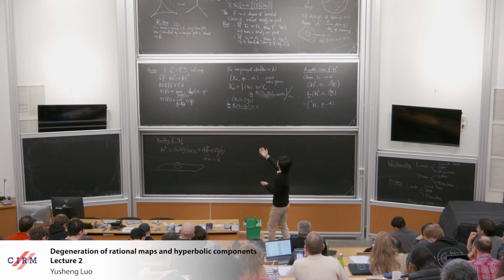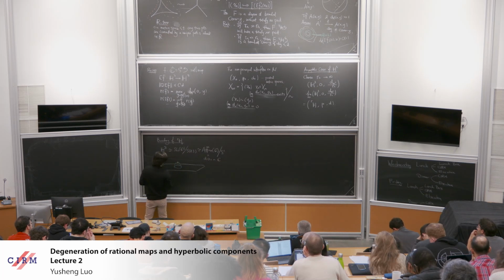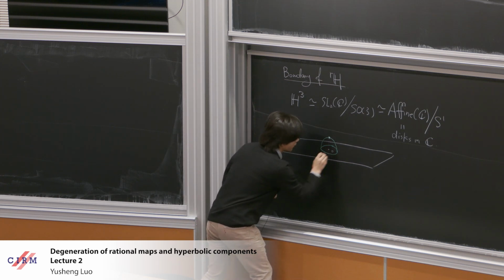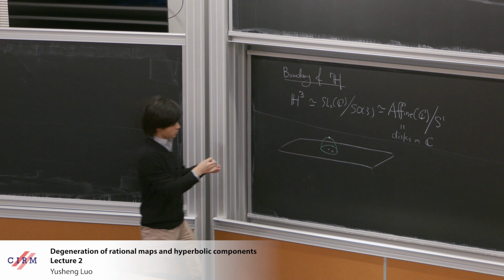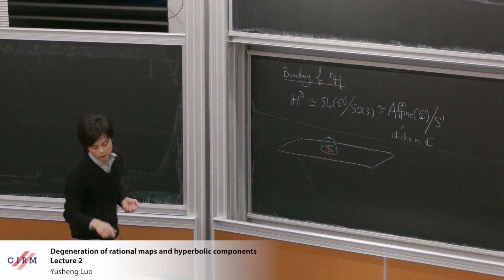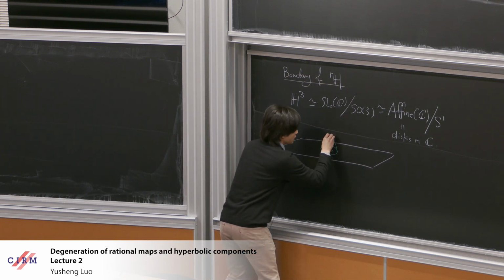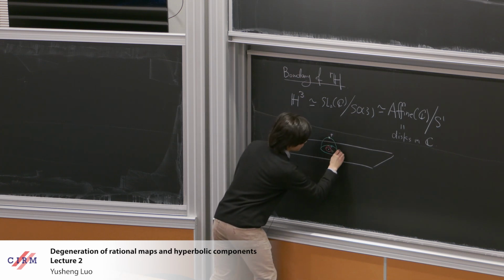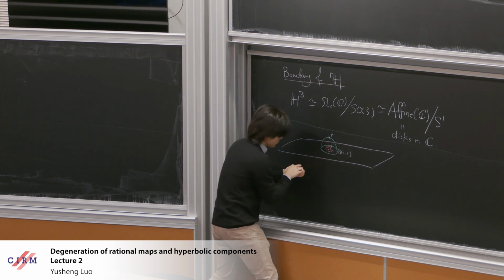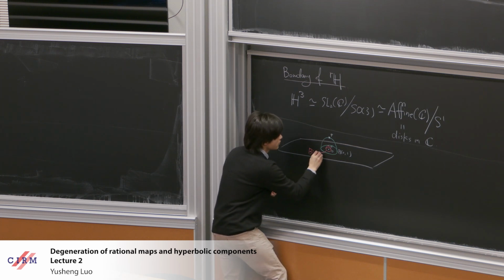Right, so now we are working in the definition of the asymptotic cone, we are working with a sequence of points in H3. So let's just imagine that the sequence of points converges to the origin of the complex plane. If I call these P and Q, then P corresponds to the boundary of the ball centered at origin with radius 1, and Q corresponds to a ball centered at the origin with radius rho.